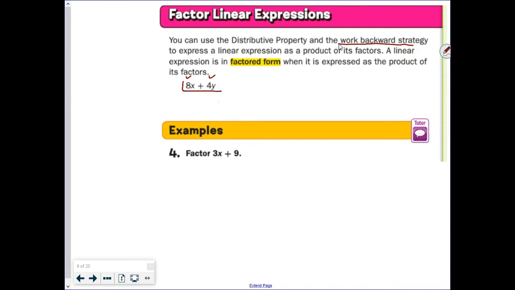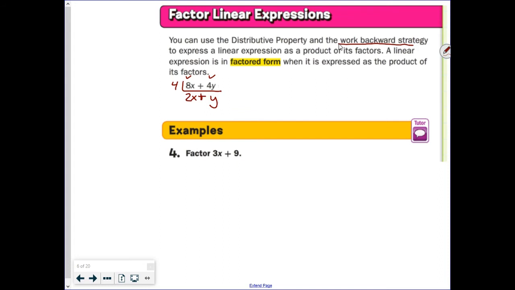I'm going to make an upside down division symbol, and put in the number 4 as the number I'm going to divide into both 8x and 4y. 4 goes into 8x 2 times, so I'm left with 2x. 4 goes into 4 one time, so I'm left with just 1y, which I would only write y. I don't put 1 next to it.